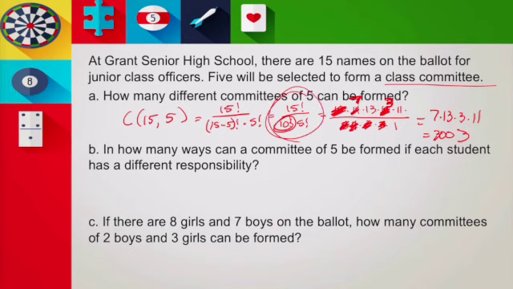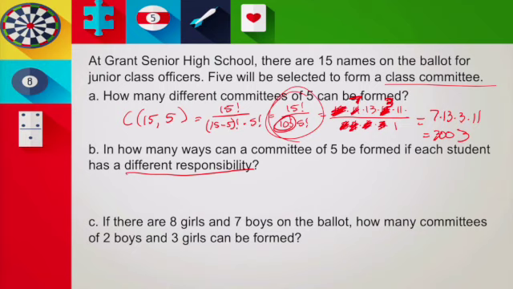In how many ways can a committee of 5 be formed if each student has a different responsibility? So now the order matters. Alice being president and Bob being vice president is different from Bob being president and Alice being vice president.